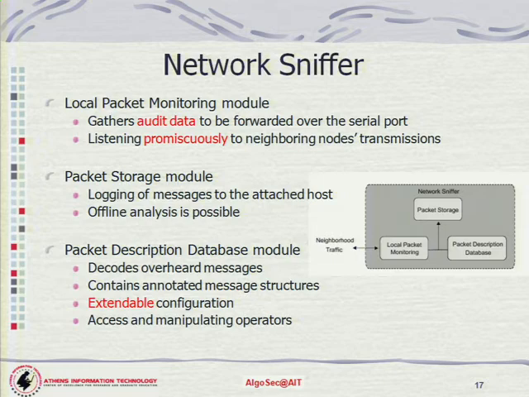Whatever it sends or receives, we capture it and we log it. Once a packet is captured by the sniffer, we also put a timestamp, in order to give the attacker the possibility to do some time-based analysis afterwards.